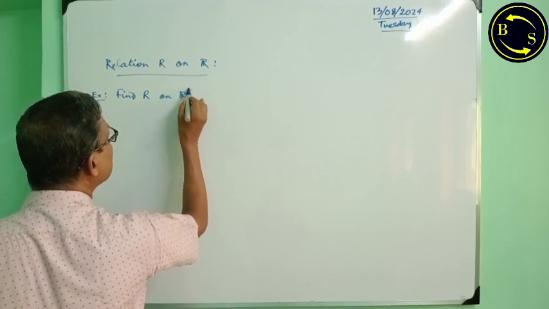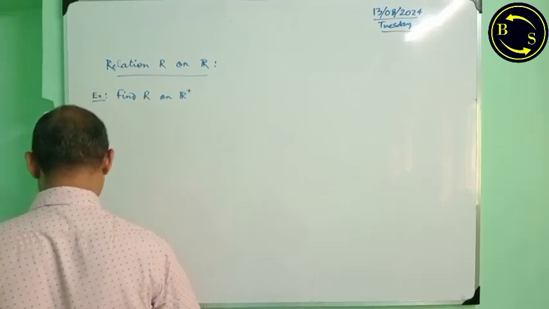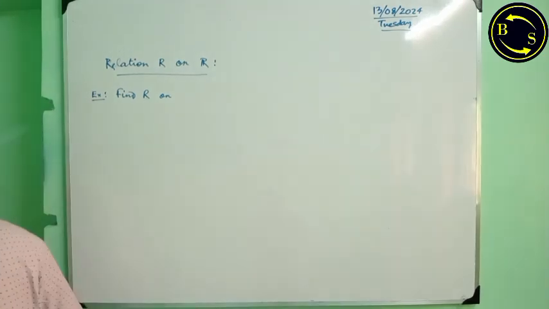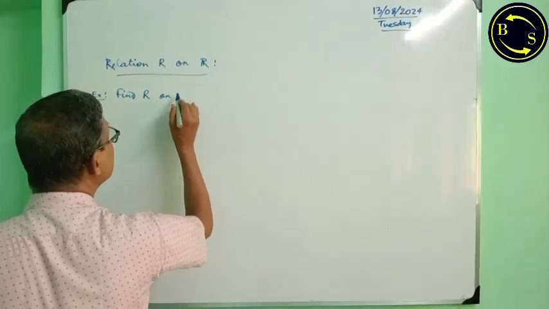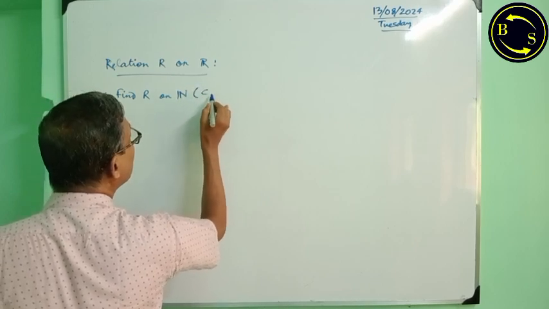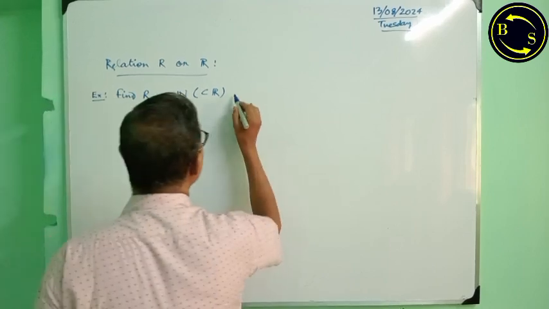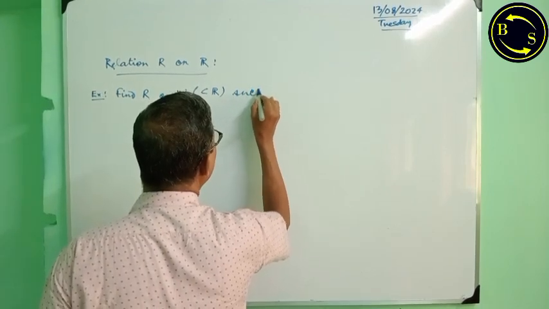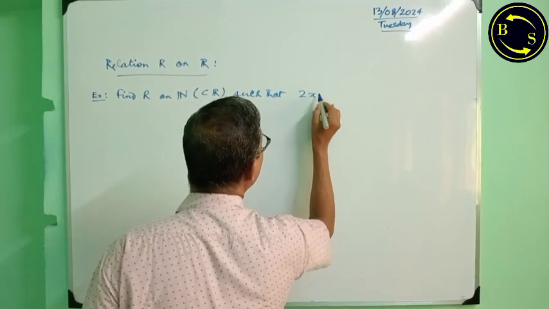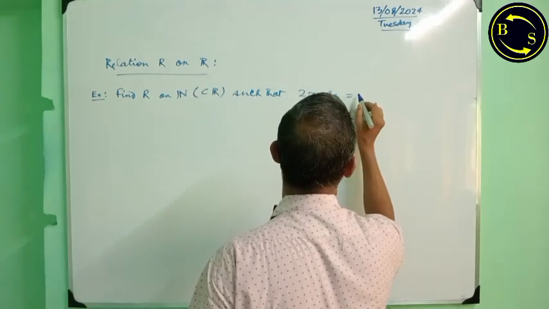We take positive reals, not that, we take the set of naturals, that is also a subset of the set of reals, such that 2x plus 3y is equal to 12.